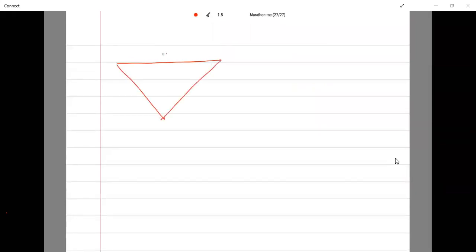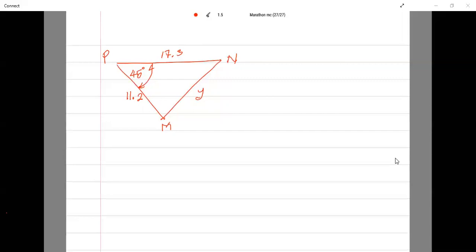We know that this is 17.3. This is 11.2. The angle here is 45 degrees. And we want to find this, which is Y. This is N, this is M, and this is T. This is our scenario.